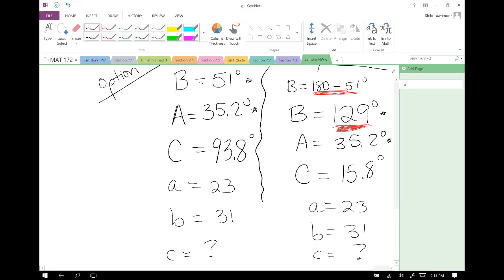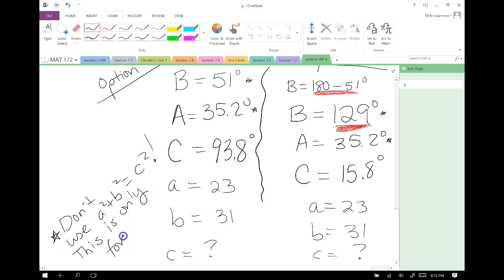You cannot do the Pythagorean theorem here. Pythagorean theorem is only for right triangles, and this is not a right triangle. A right triangle would have a perfect 90-degree corner, and this one does not. So our only other option is to do law of sines again.